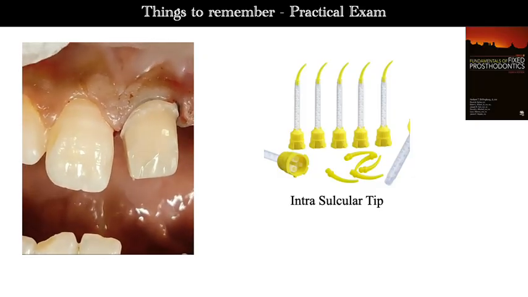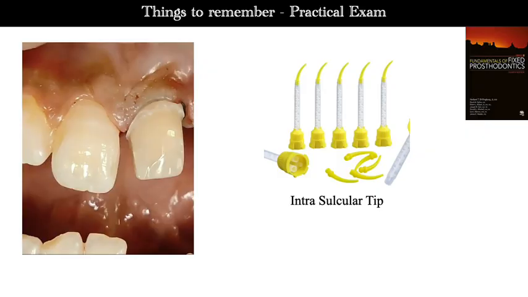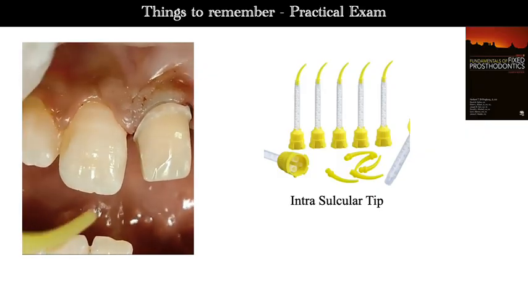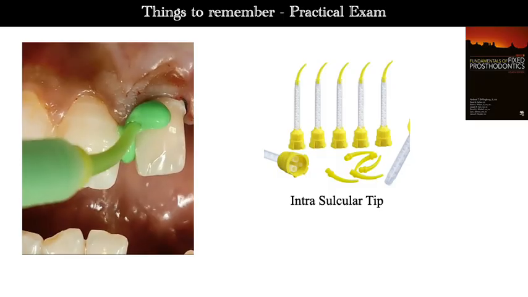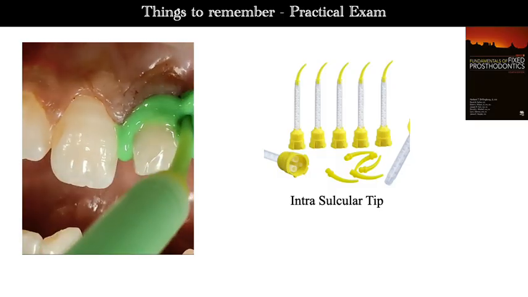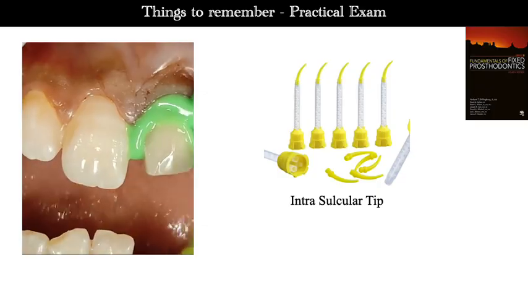Now, while taking the impression, you remove only the knitted retraction cord, leaving behind the first-packed braided retraction cord. Only the knitted one should be removed. The second cord should be removed, and the minute you remove it, use an intrasulcular tip to inject the light body into the sulcus.